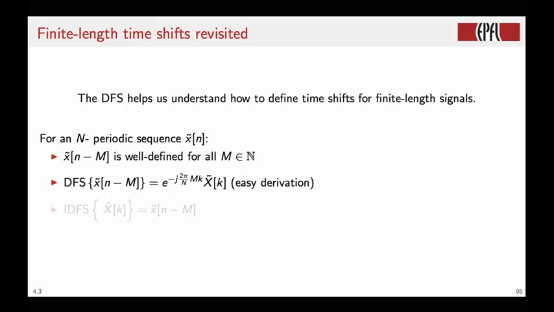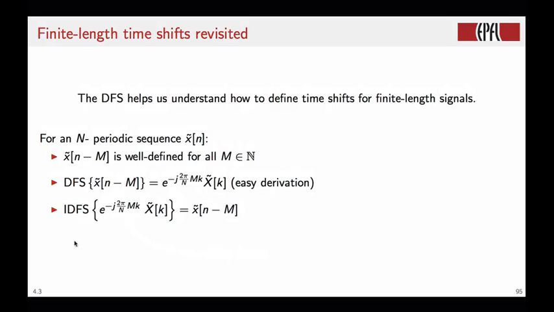If we take the DFS of this periodic sequence with a shift, we can work out very easily that the DFS coefficient for index k is simply the DFS of x tilde of n with a phase shift term e to the minus j 2 pi over N big M times k.